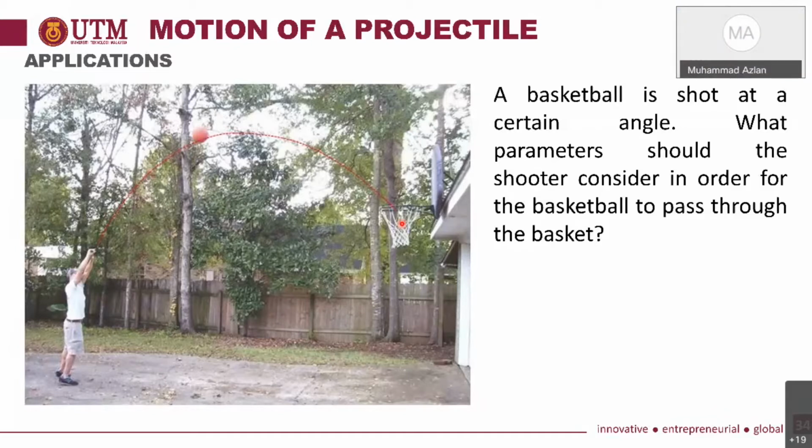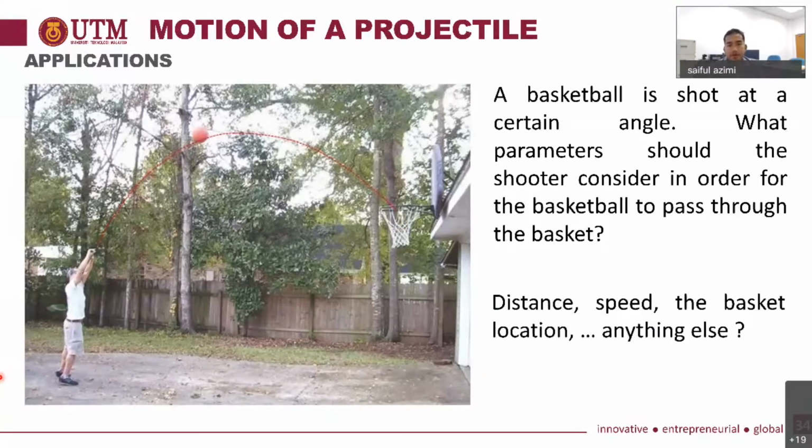And also the distance. Distance, speed, the basket location. Anything else? No? Also the height of the shooter and the height of the basket.